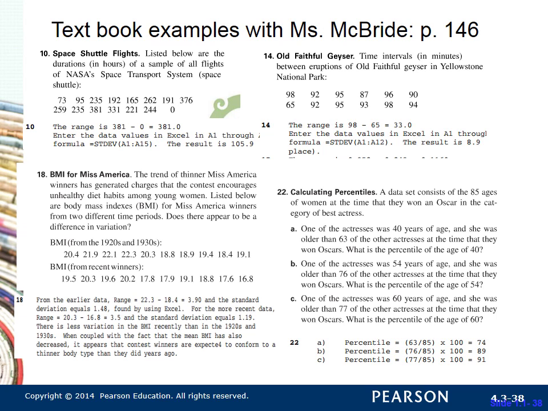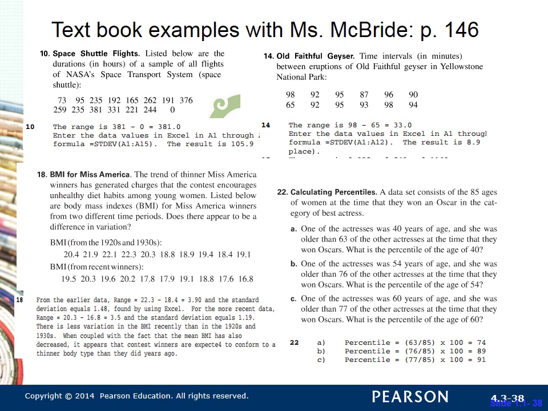All right, calculating our percentiles. So remember, to calculate a percentile, you'd find the value that's one less than the one you're interested in and then divide it by the total number. So here we have a data set of 85 ages of women at the time they won that Oscar for Best Actress. So part A, one of the actresses was 40 years of age and she was older than 63 of the other actresses at the time that they won.